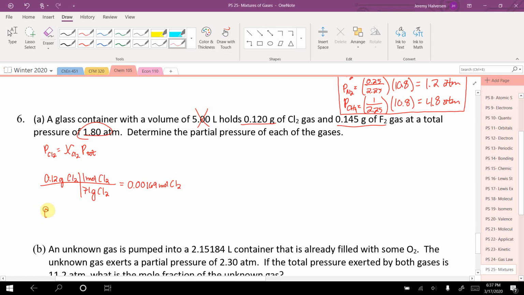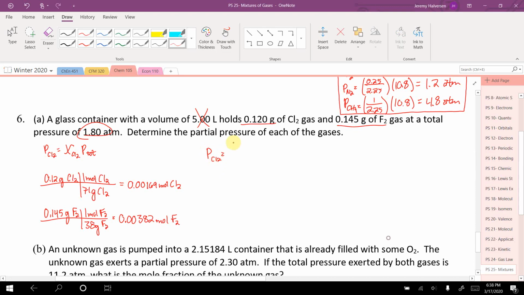I've got to find my moles of fluorine gas, which I believe will be 38 grams per mole. Which gives me 0.00382 moles of F2.